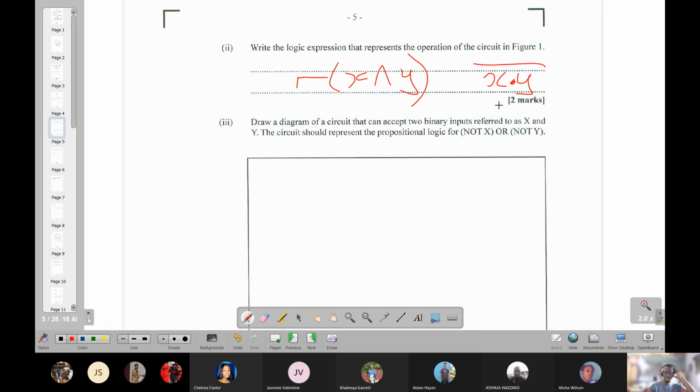I believe CXC would give it to you if you write it out like NOT X AND Y, but the X AND Y has to be in brackets. You cannot write NOT X AND Y without them. This is incorrect, it is not the same thing, because what you're doing is applying the NOT not to the whole expression. That's why you have to put the brackets around it.